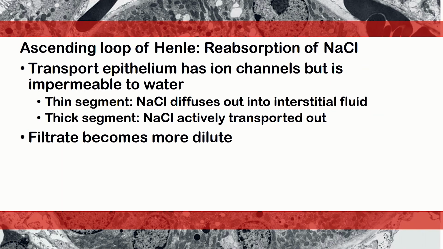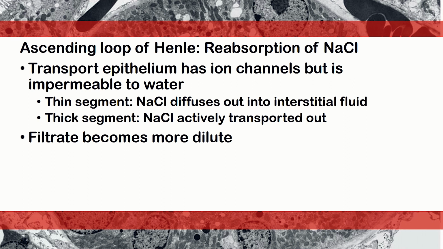The ascending loop of Henle is going to be responsible for the resorption of sodium chloride. This resorption of sodium chloride is going to be due to the processes going on again with those transport epithelium, specifically through the use of ion channels that will allow salts to move across from one side of the cell to the other, but will not allow water to move across.